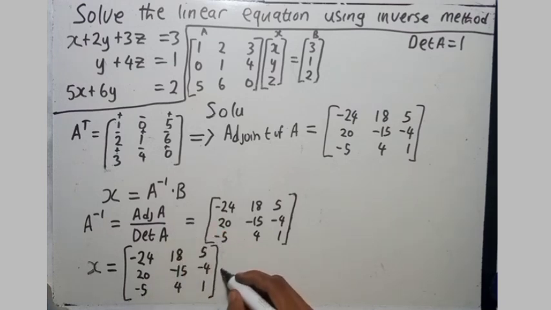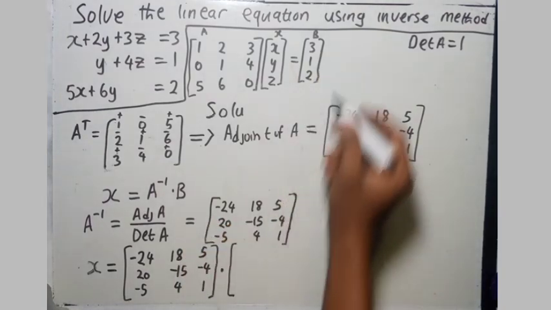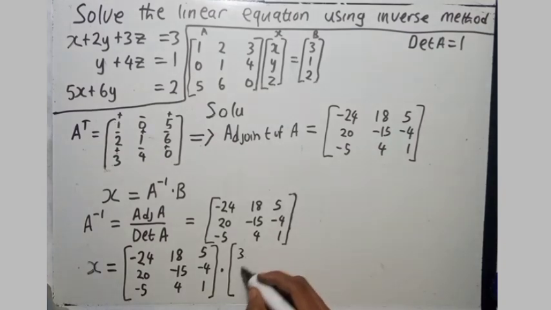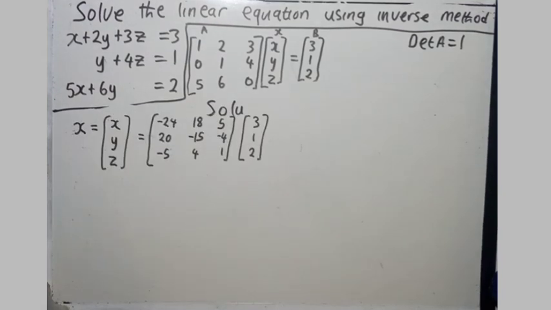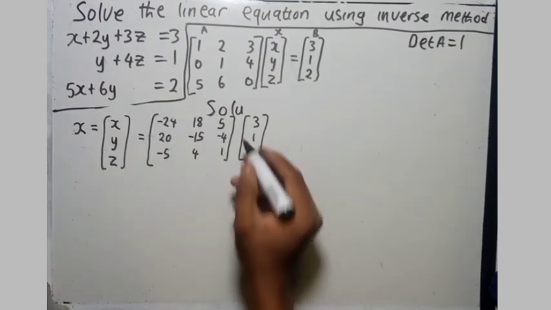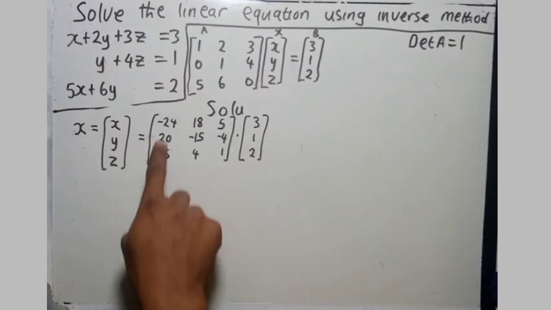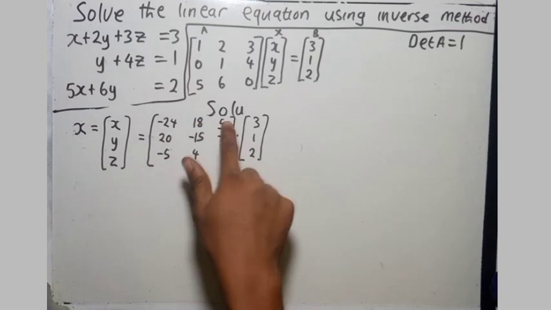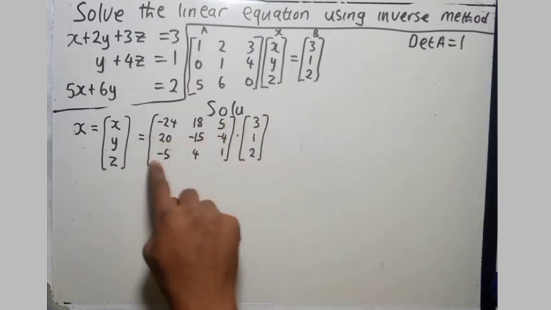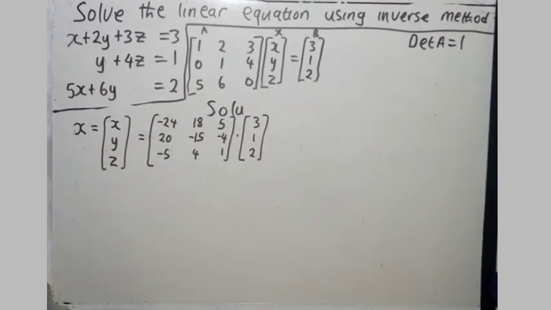I'll be multiplying it by our B, which is what? 3, 1, and 2. So if we multiply these two, we'll get the value of x, y, and z. So let's multiply. For you to multiply, you multiply this by this, this by this, this by this. That's how we multiply.